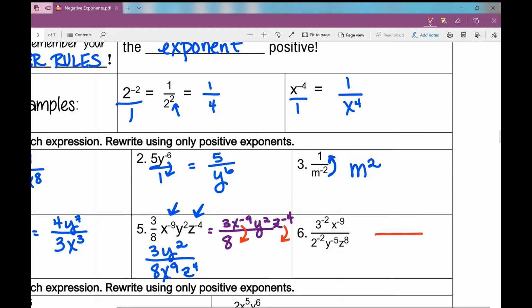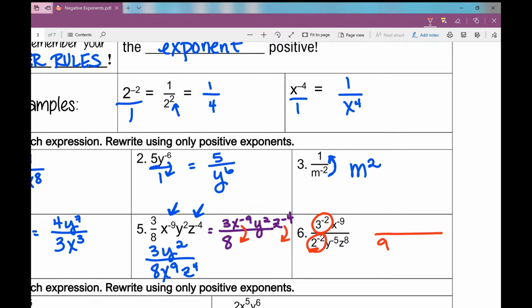So 3 squared is 9, but since it's 3 to the power of negative 2, I'm going to put it in my denominator and make it 9. That 2 to the negative second power, because that's a negative exponent, remember I can move it up top. So it applies when your base, that big number, is also a number, not just a variable.